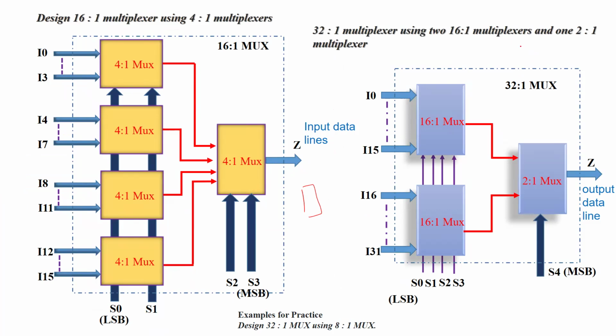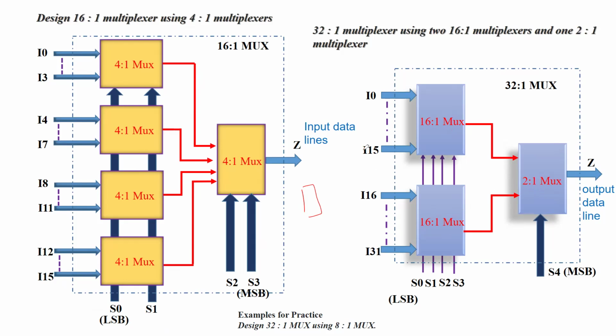Now let us have a look at the right side of this picture. Here we are making a 13:1 multiplexer. That is your task, but we want to make that using 16:1 MUX in the quantity of 2 and one single 2:1 MUX.